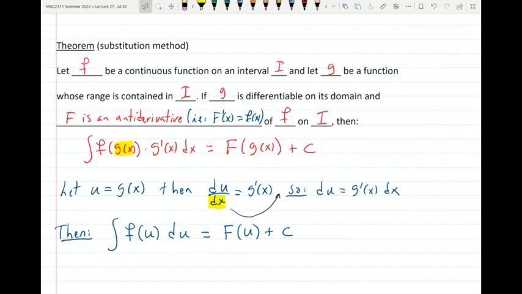Now, don't just blindly pick the inside function. You have to make sure that you have the other term showing up outside, which in this case is a g prime. Okay. So you want to make sure that when you pick your u, you have a g prime that you can figure out, that's multiplying the composition that you have outside. If you don't have such a g prime, then the substitution that you want to make is not going to work. Okay. Now remember what I told you last time.